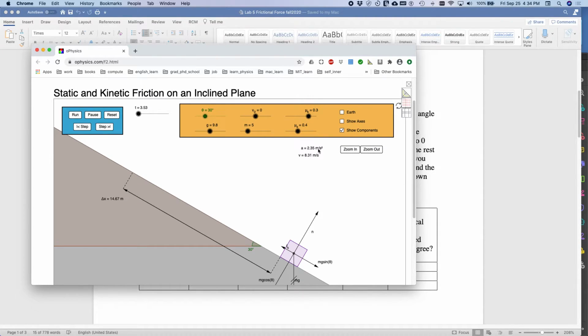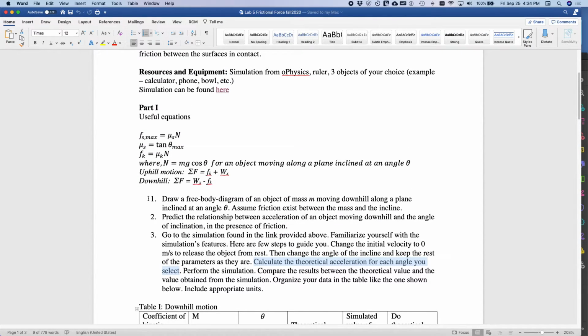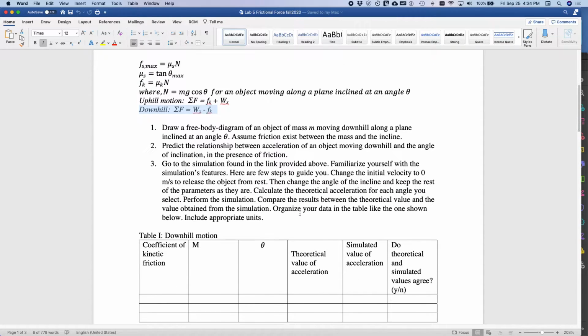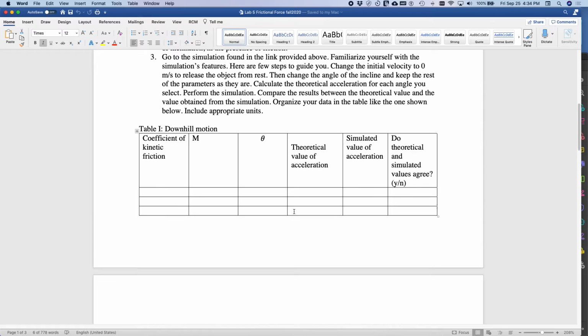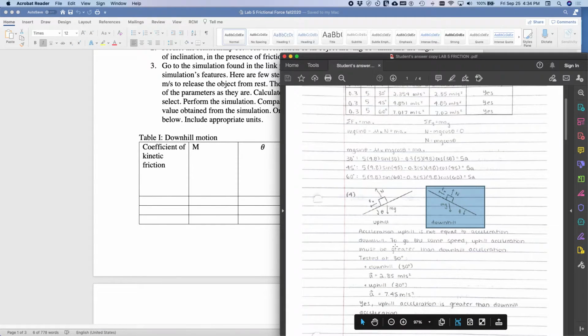Before they get here, this is the simulated value, but students also need to do the theoretical calculation for each angle. To do that, they can use the downhill equation. Students may even need more help than that, so it may be helpful to take a screenshot of this part and give it to them.